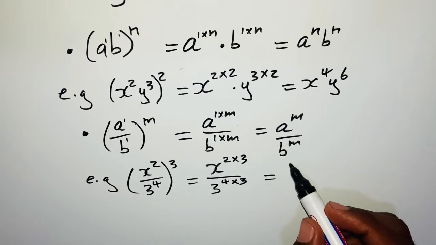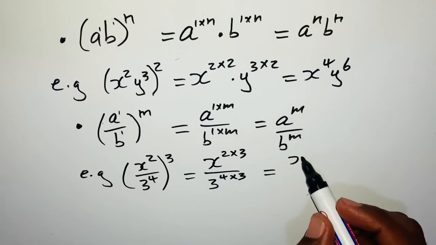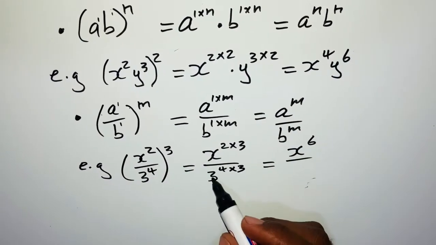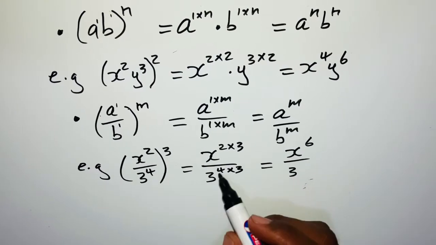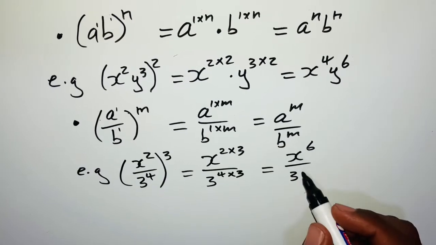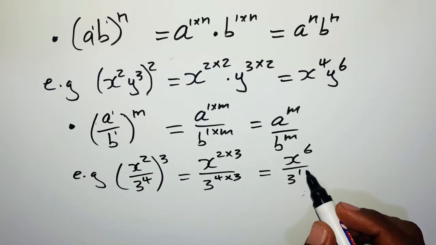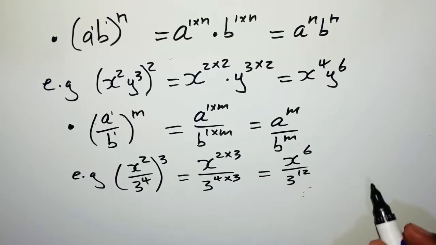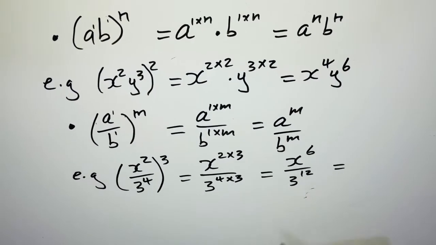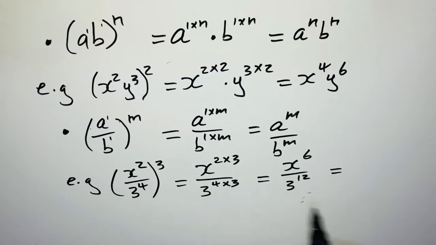Then this will equal x, 2 times 3 is a 6, 3, 4 times 3 is a 12. Let's not simplify it further.